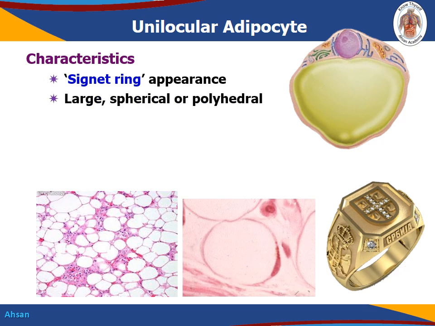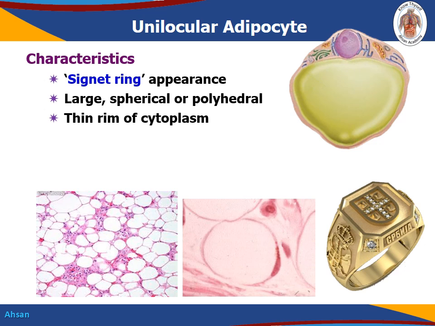So this appearance is signet ring like, and it is usually very large and spherical in shape, but if the number of cells is more, then the cell becomes polygonal because of the pressure from the surrounding cells.